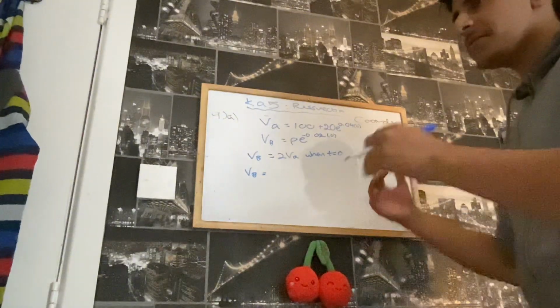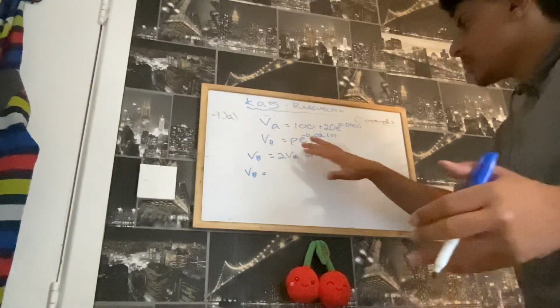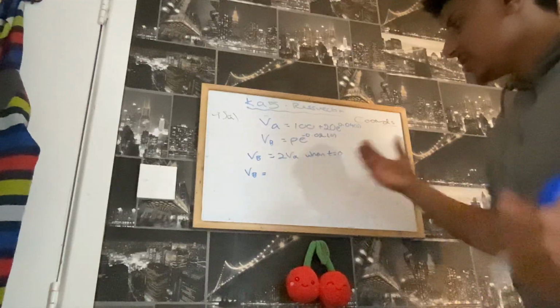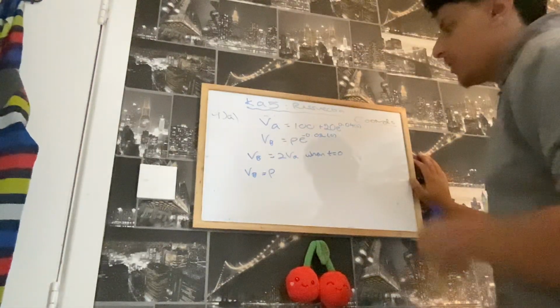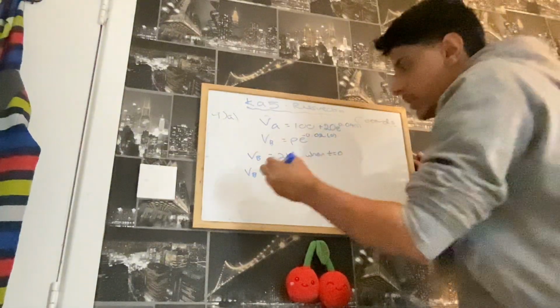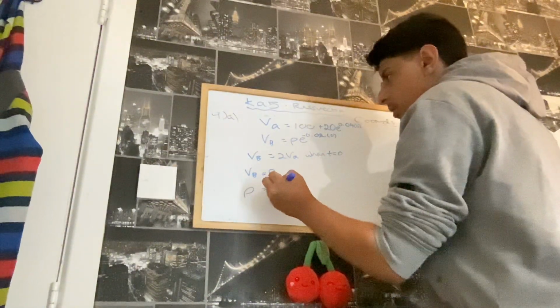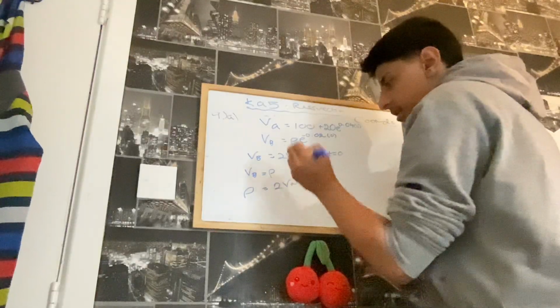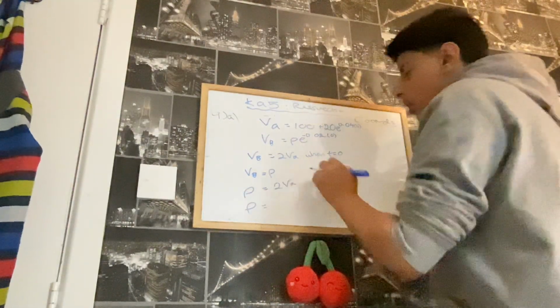So e to the power of 0 will leave us with 1. Anything to the power of 0 is 1. So VB is just P. And now we're told that because VB is equal to P, P is also 2VA.